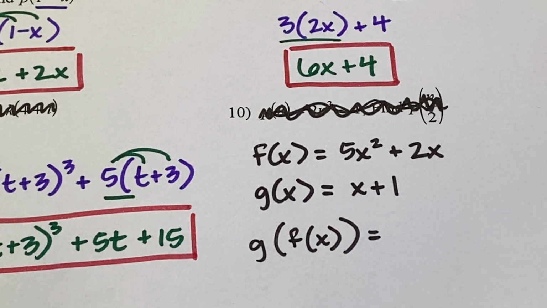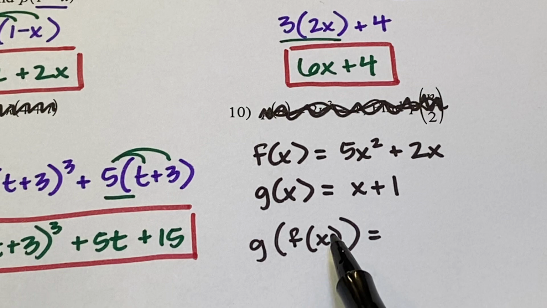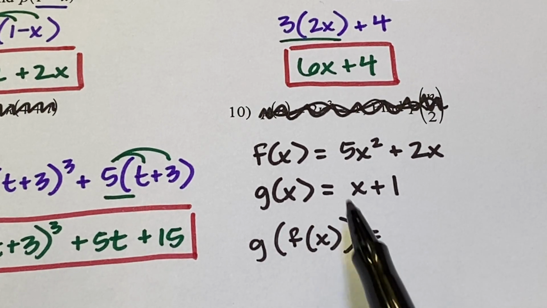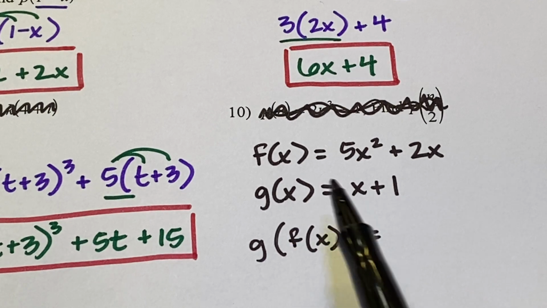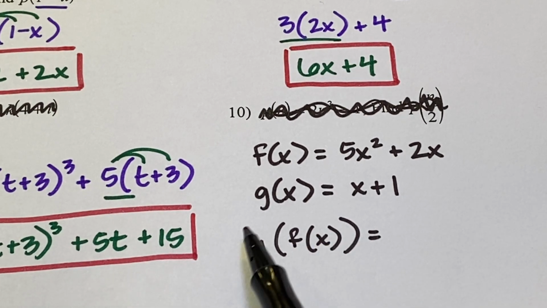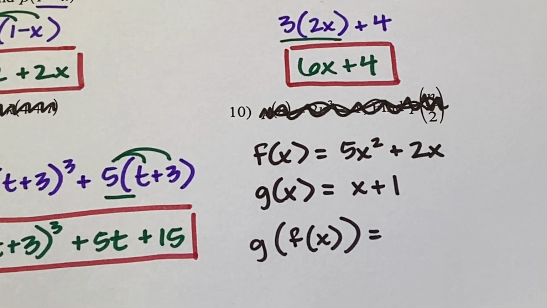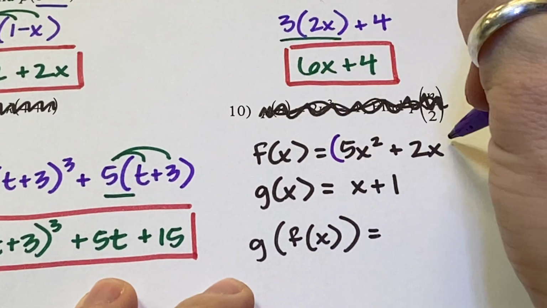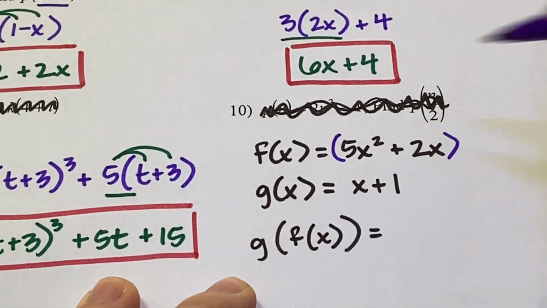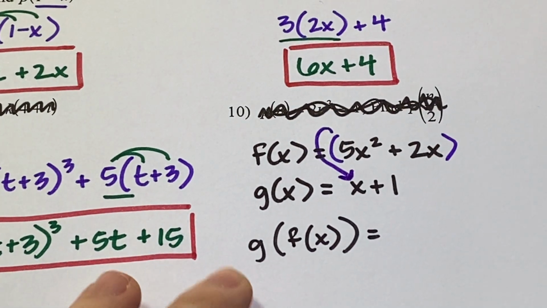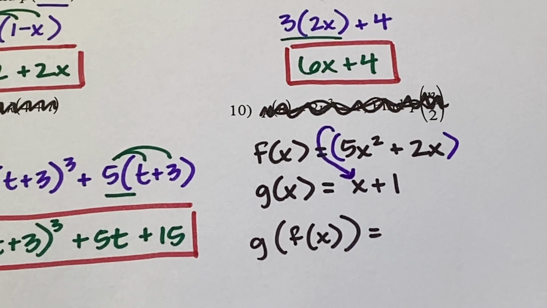Very close. Work from the inside out, you guys. Which function am I plugging into the other function? F of x or g of x? F of x, I'm plugging into g of x. So this means I'm taking the entire f of x function and plugging it into everywhere I see an x in g of x.